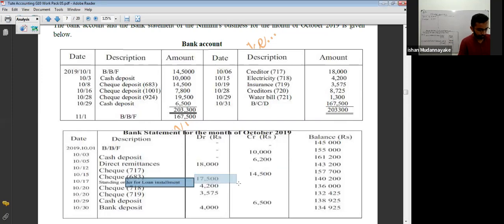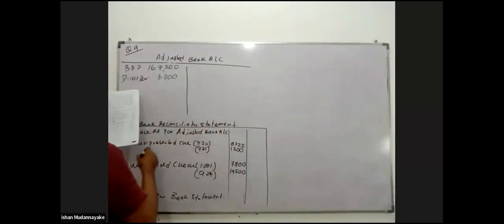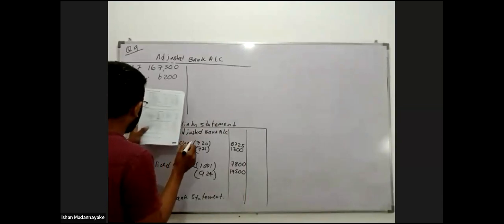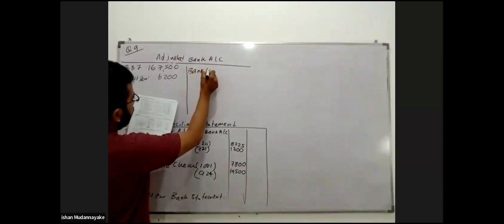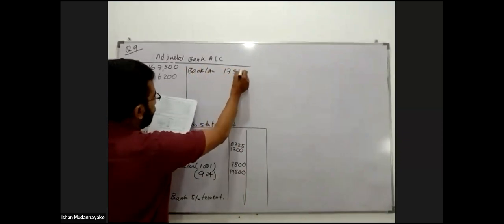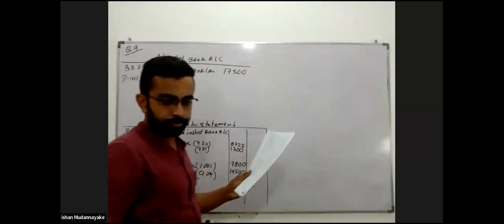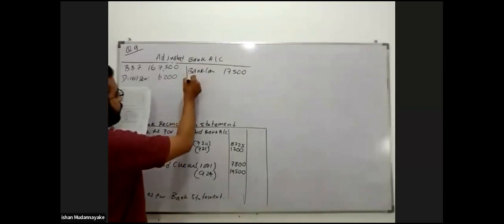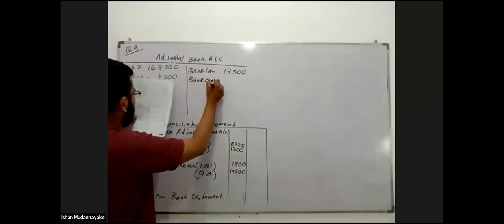Then adjusted bank account credit 70,500. Standing order for the loan installment, therefore we write down bank loan 70,500. And then the last one, bank charges 4,000. You need to credit bank charges. Bank charges 4,000.